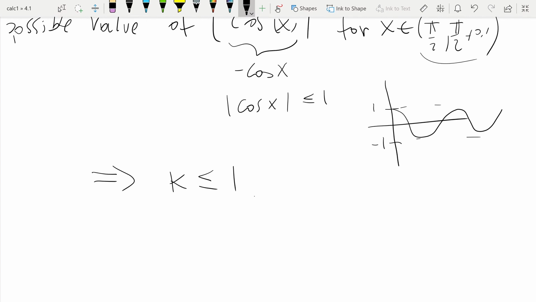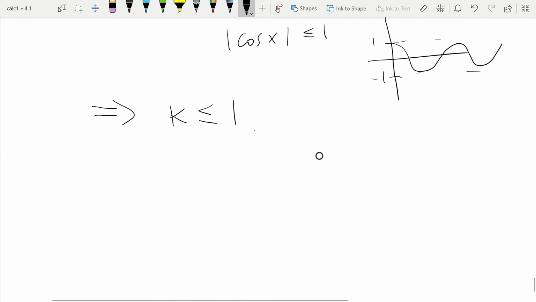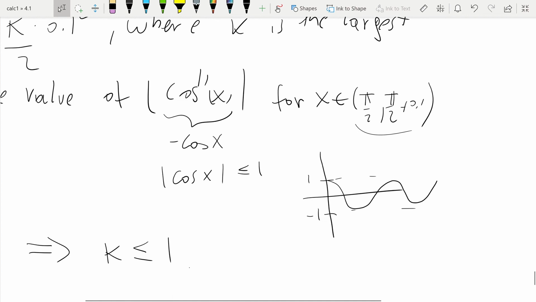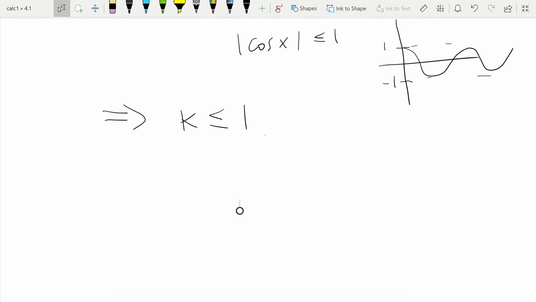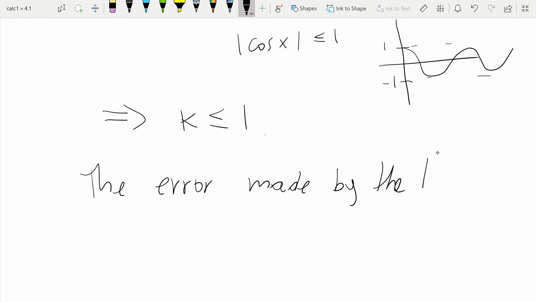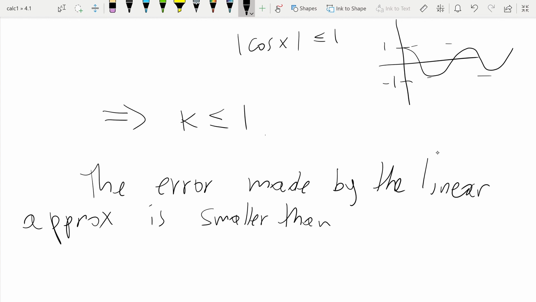So that means that the error we make when we approximate using the linearization, or linear approximation, is going to be smaller than or equal to 1 times 0.1 squared over 2.